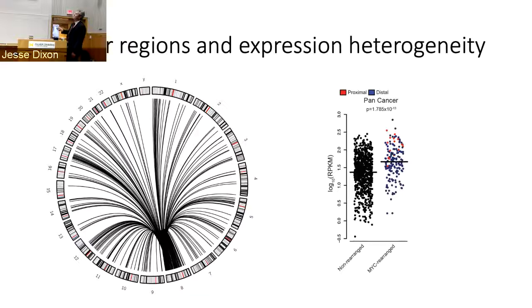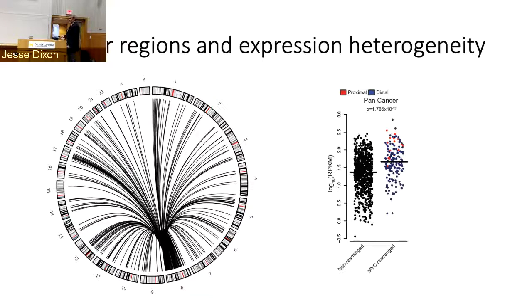Given that you see this heterogeneity of partners, as well as this enriched but not absolute difference in expression, one question was, how do we tell a tumor that's actually being driven by a regulatory rearrangement? We can't really do it by saying, if it has X partner, it is by definition activating MYC expression. And we can't necessarily assume that if it has just any rearrangement that it has elevated expression.